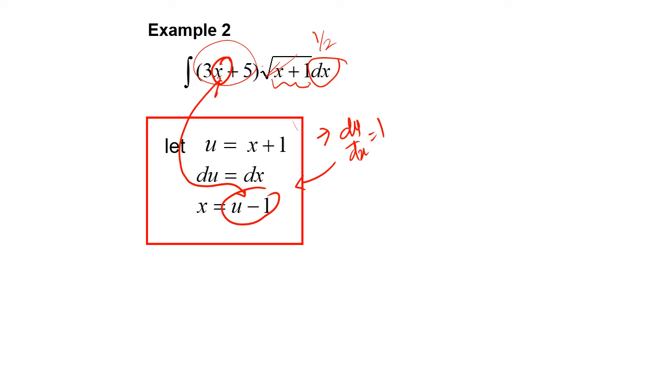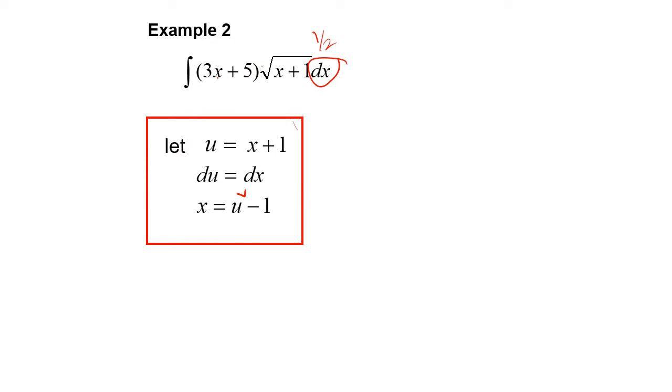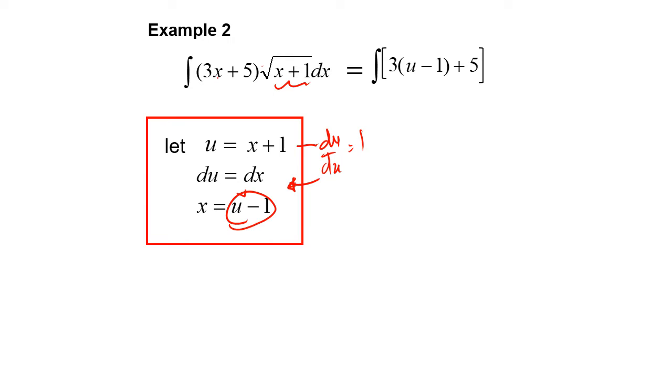Okay, so what do we get here? Differentiating, du/dx is equal to 1, then du is equal to dx. So x plus 1 can be replaced with u, and then 3x plus 5 becomes 3 times u minus 1, plus 5.